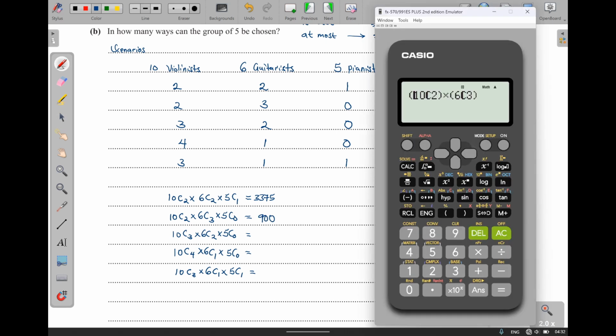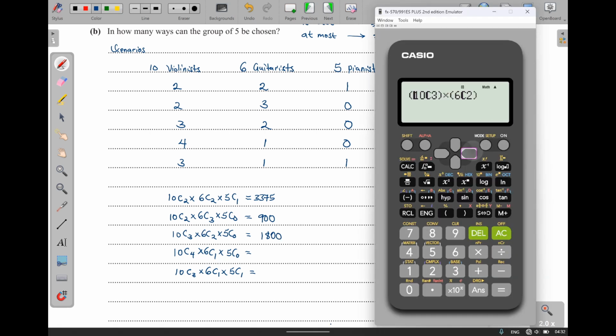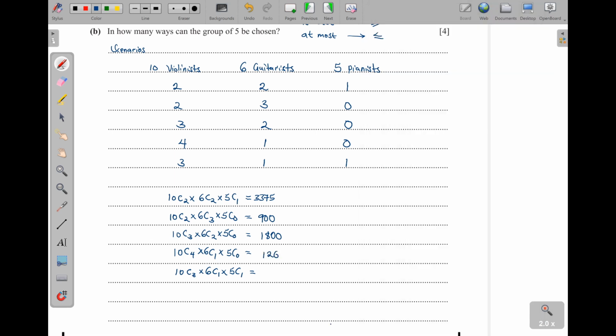And then the next one will be 10 combination 3, 6 combination 2, 5 combination 0 is 1. So 1800. Then the next one, which is 10 combination 4, then times 6 combination 1, and that one will give us 1260.